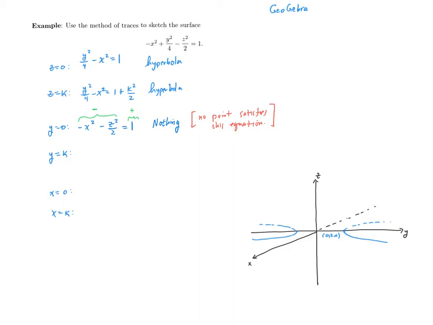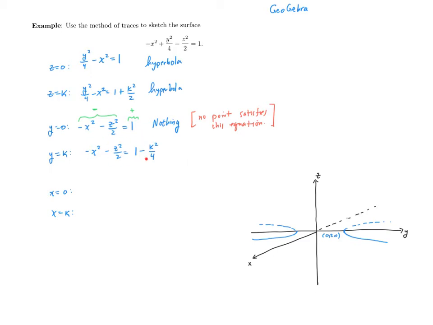Now if y is equal to k, we would have minus x squared minus z squared over 2 equals 1 minus k squared over 4. Remember, we're doing two things at once: we're letting y be equal to k, and then we're moving that term over to the right.